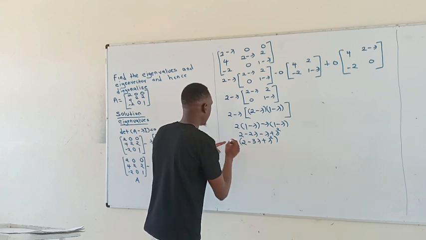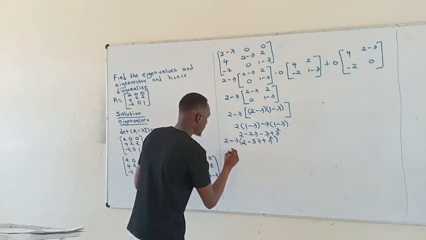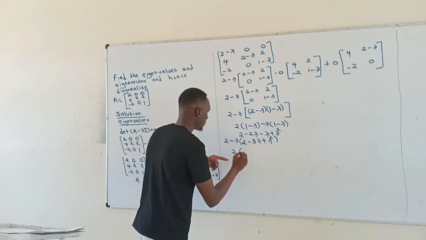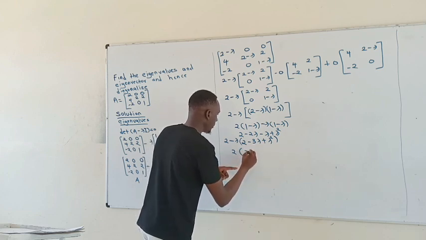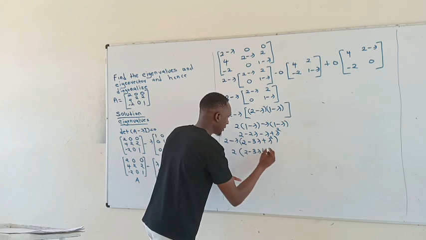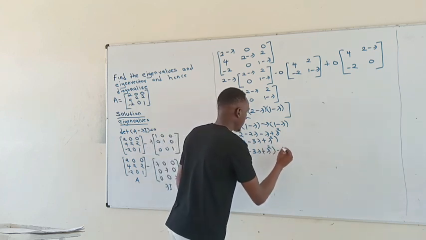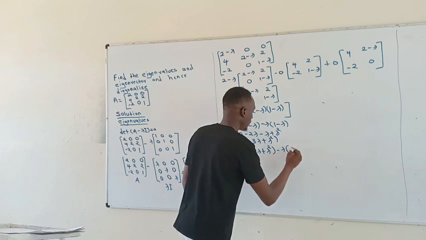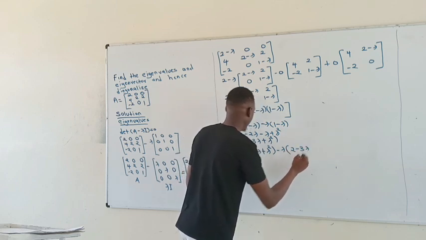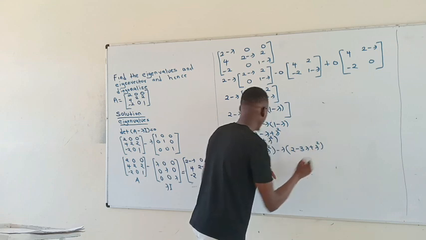And this we multiply by 2 minus lambda. So we have 2 into 2 minus 3 lambda plus lambda squared. Then we have minus lambda into 2 minus 3 lambda plus lambda squared.